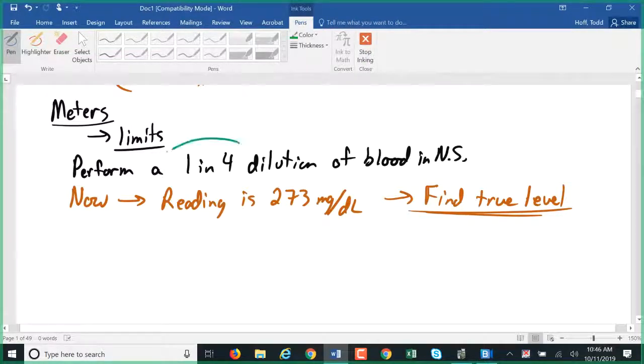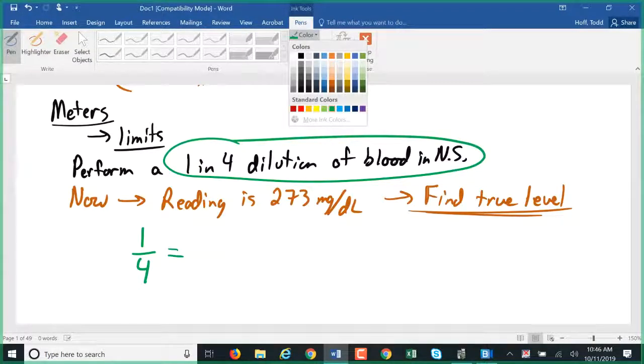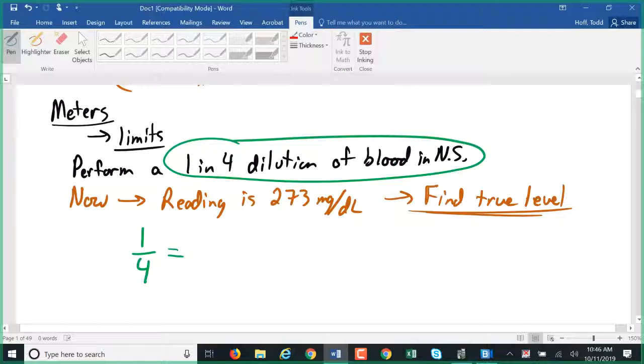Well, we performed a 1 in 4 dilution. The reason we use dilutions the way we do, that it's serum to total rather than any other relationship, is when we do it that way, it has a definite relationship to these readings. This is the diluted reading.